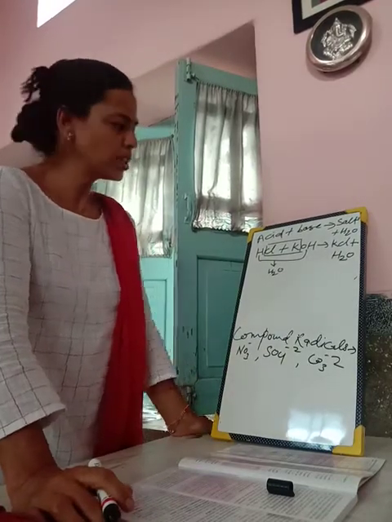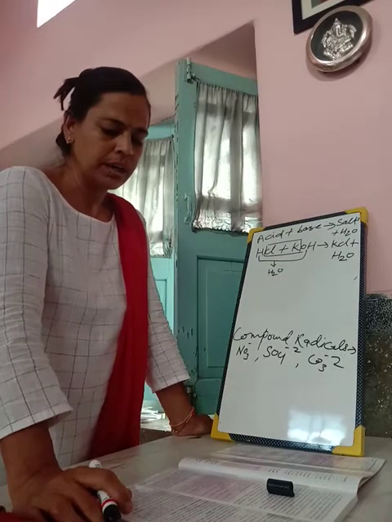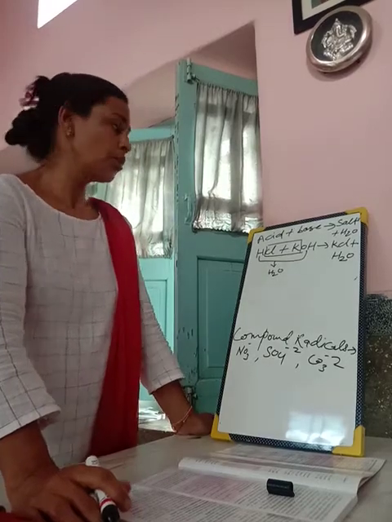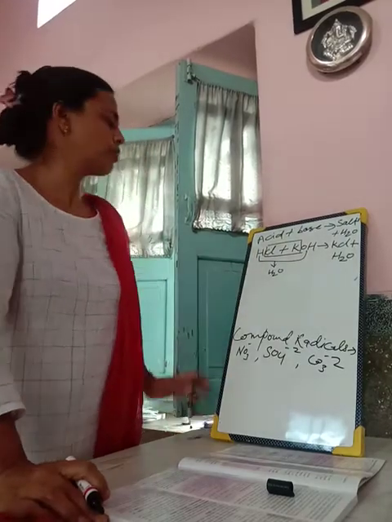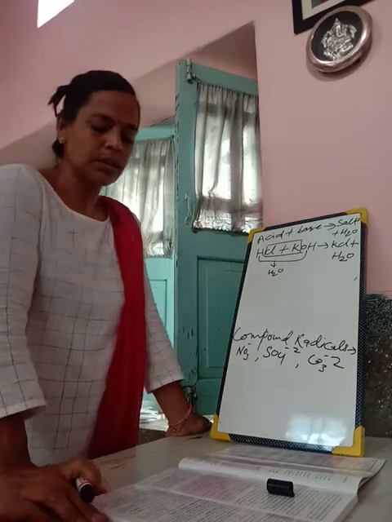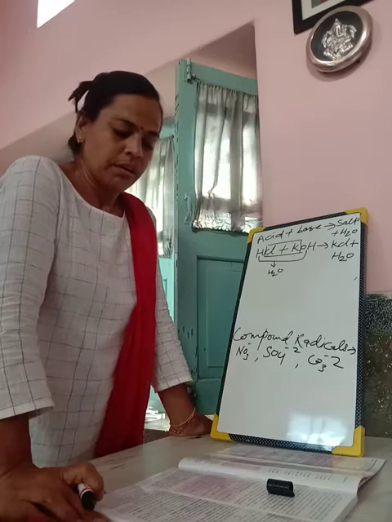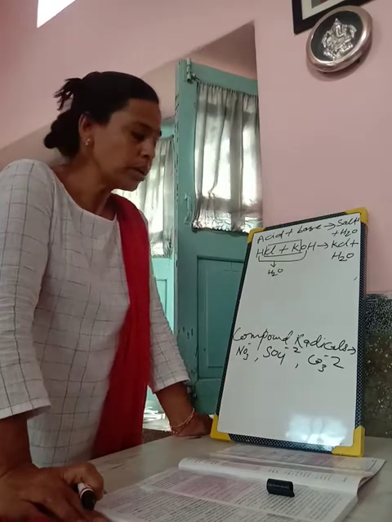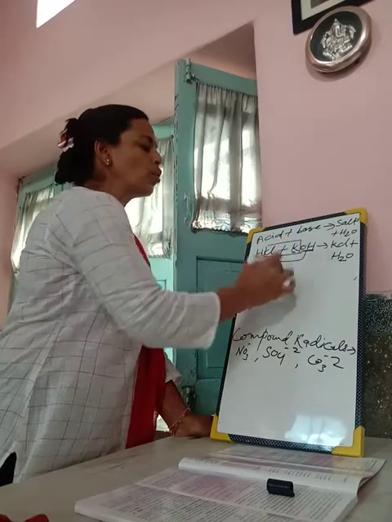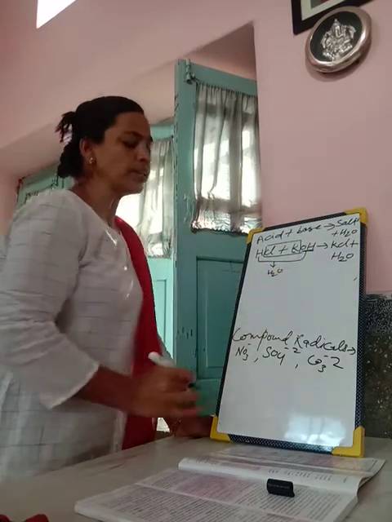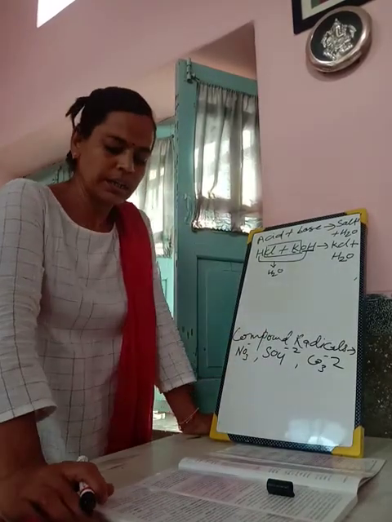In the formation of potassium chloride, the potassium radical has been contributed by the base potassium hydroxide, and is therefore called basic radical.